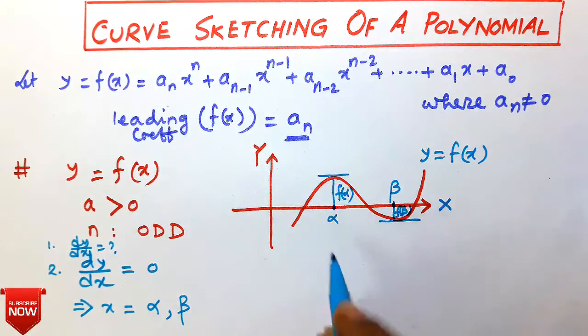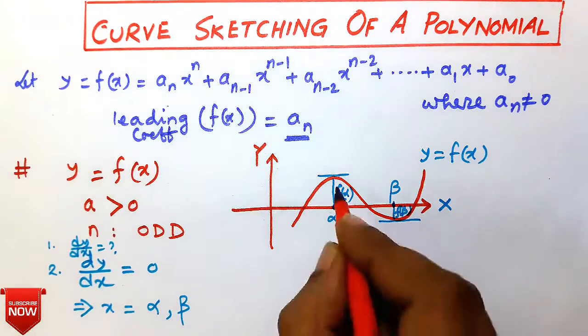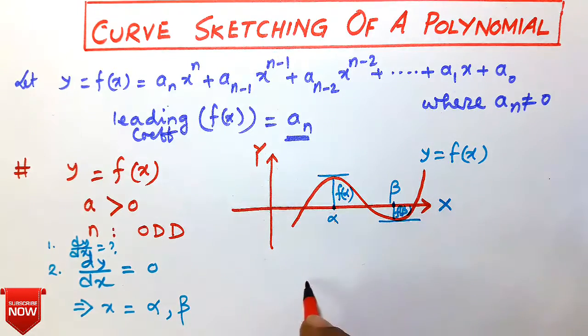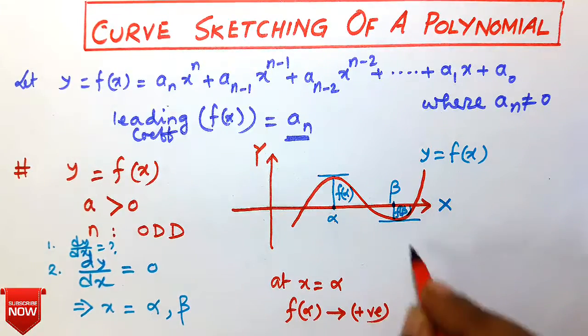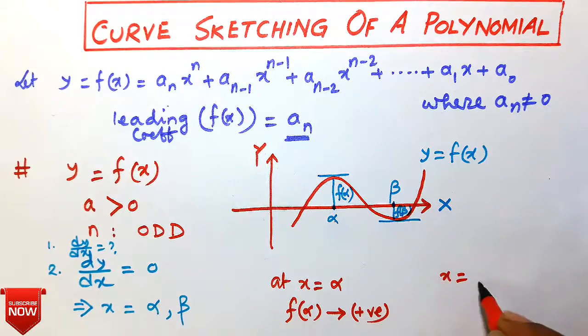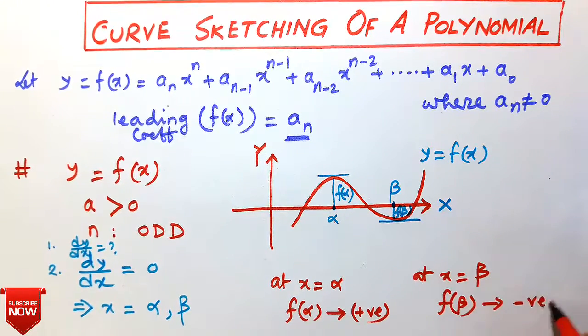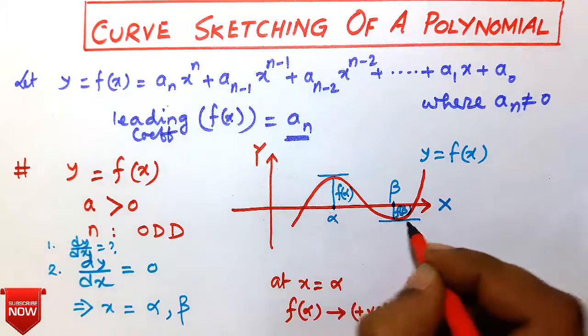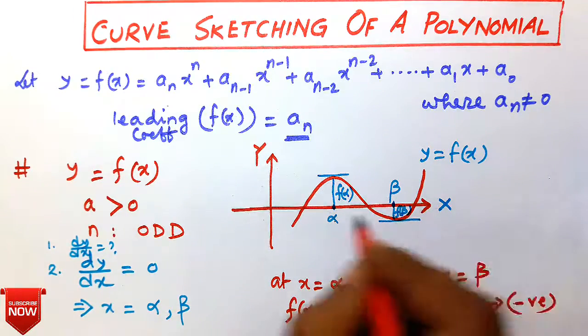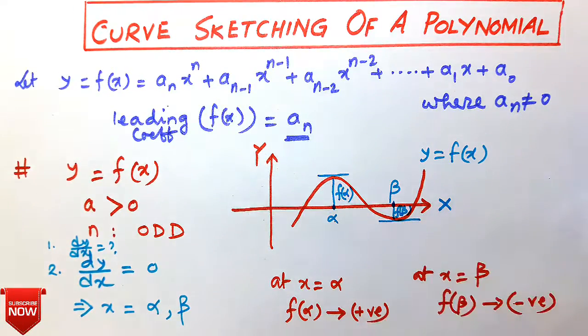f alpha, here in this example, is positive. Again I repeat, at the point x is equal to alpha, f of alpha is positive, isn't it? And at the point beta, f of beta is negative because the height is in the downward direction with respect to the x-axis.